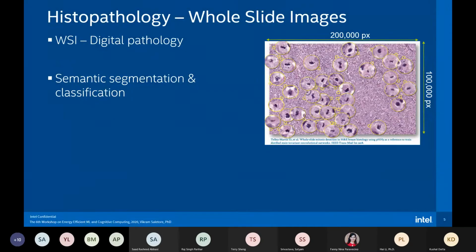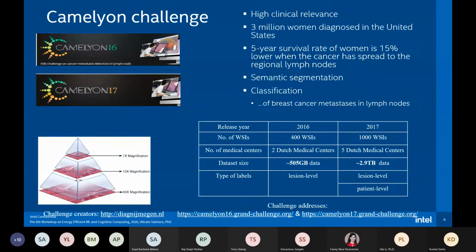As you know, histopathology involves whole slide images in digital pathology. These slides are huge, 200 pixels by 200 pixels, and you would like to do semantic segmentation and classification. Radboud Medical University in the Netherlands has data sets, and they have challenges called Camelyon16 and 17, with high clinical relevance.